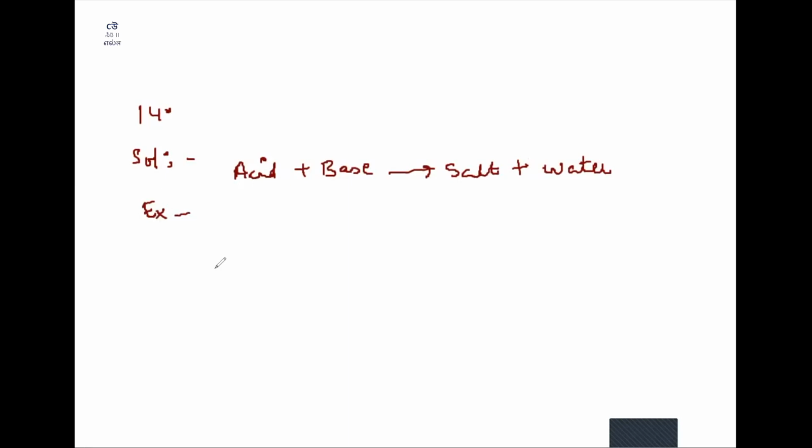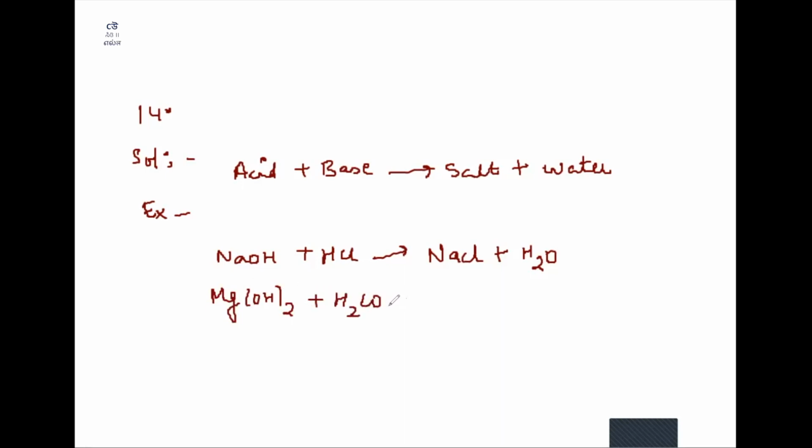Examples are, we have sodium hydroxide reacting with hydrochloric acid in order to form sodium chloride and water. The next reaction would be magnesium hydroxide reacting with H2CO3, forms magnesium carbonate, again a type of salt, plus 2H2O.